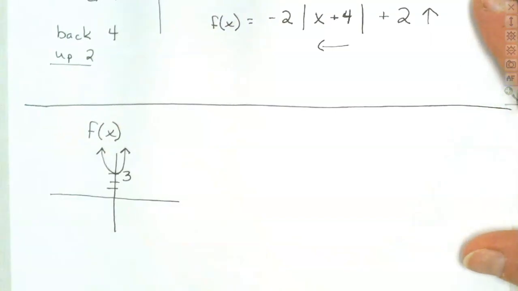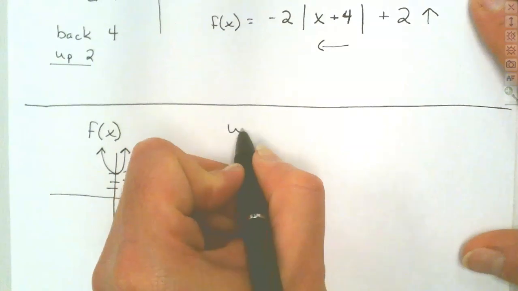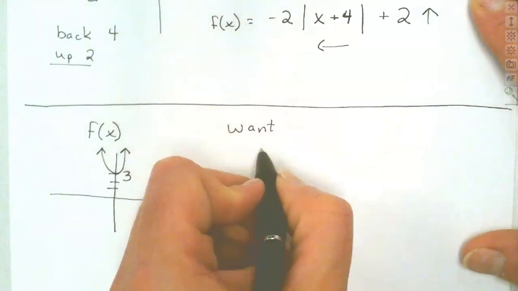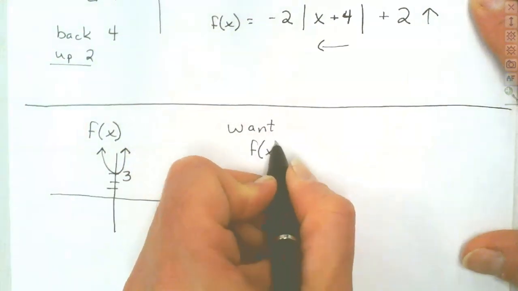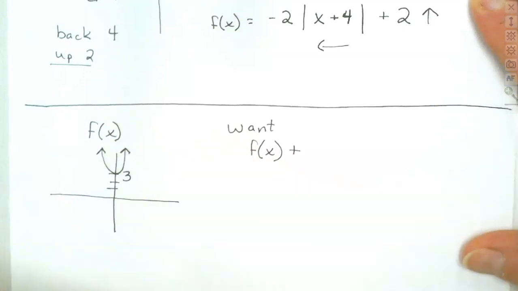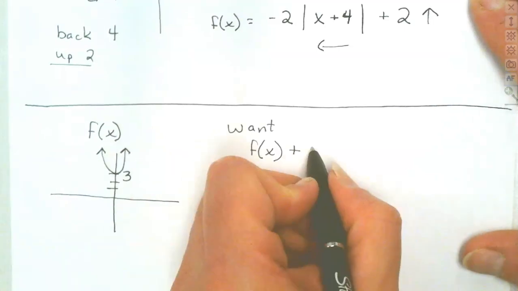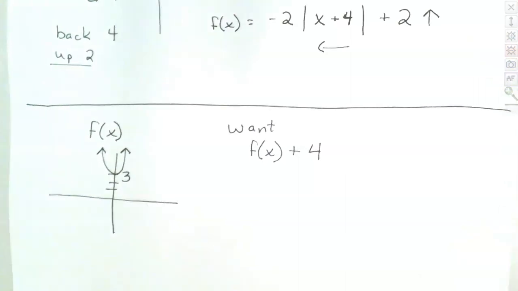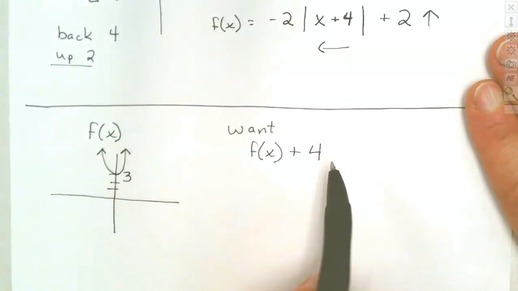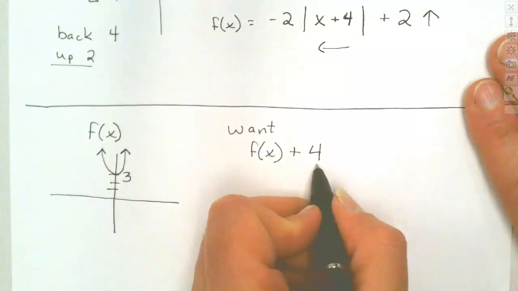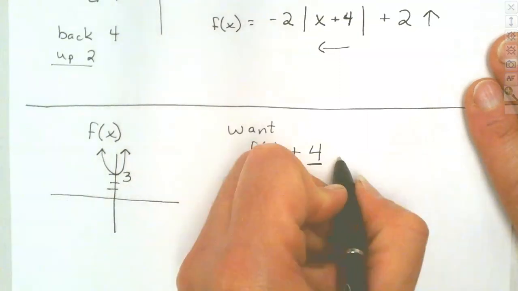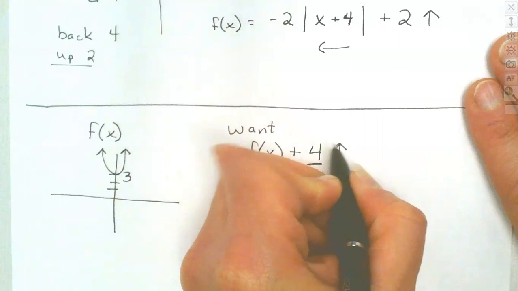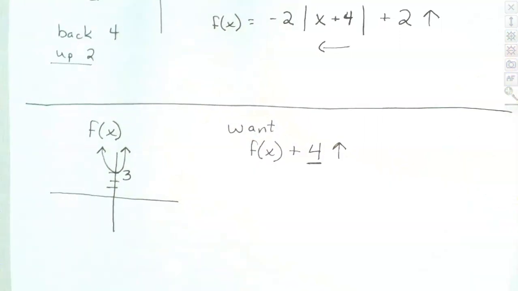Okay, so there's our graph of f of x. Now we want f of x plus, let's say, 4. So this is our original here. We want f of x plus 4. Now that 4 is going to move that up 4 units.